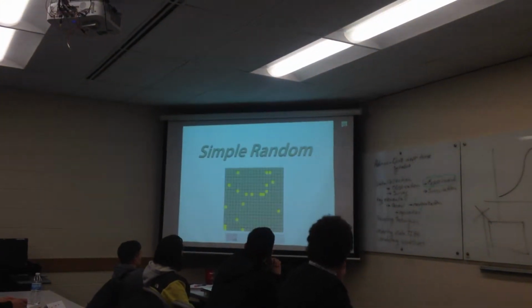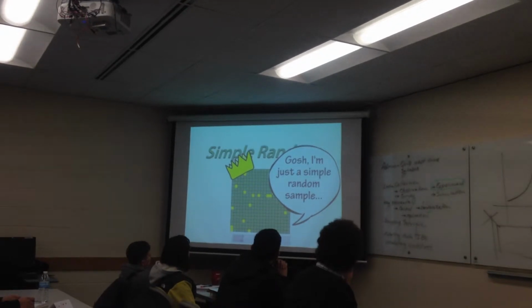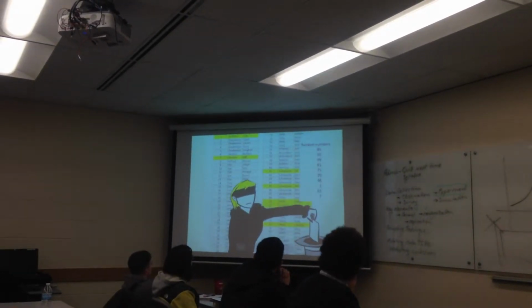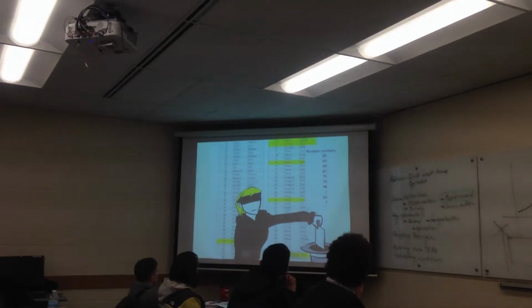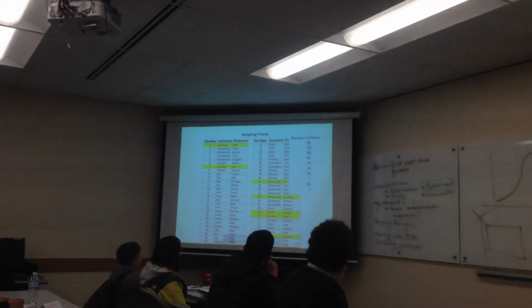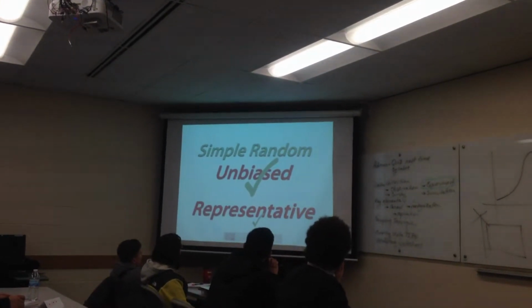Simple random sample. Simple random sampling is theoretically the ideal method of sampling. You list each member of the population and use random numbers to decide which objects are in the sample. Each object is equally likely to be selected. This produces an unbiased sample, which we hope is representative.